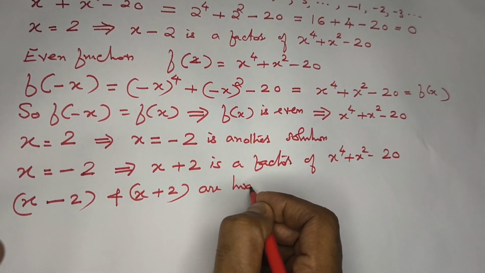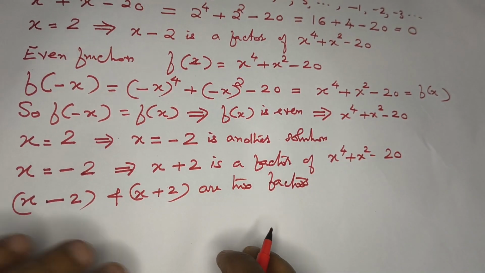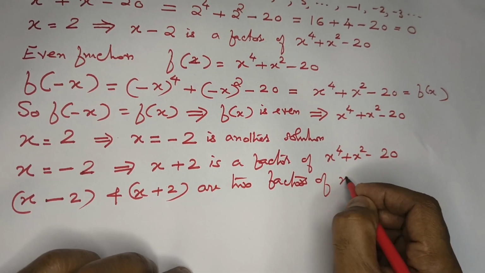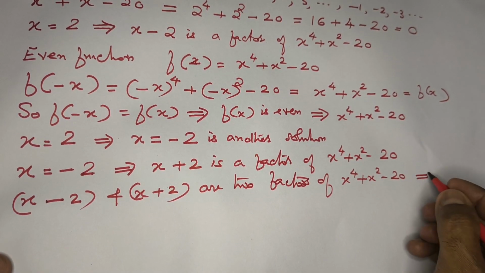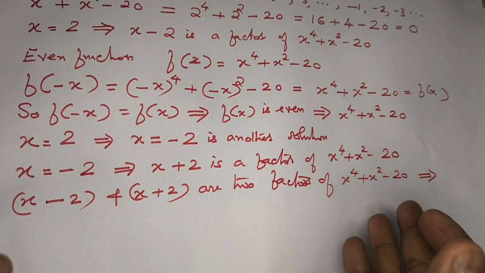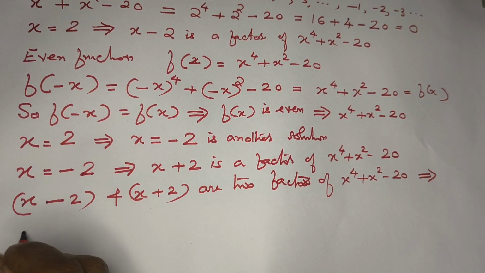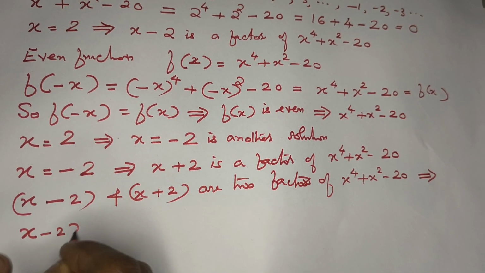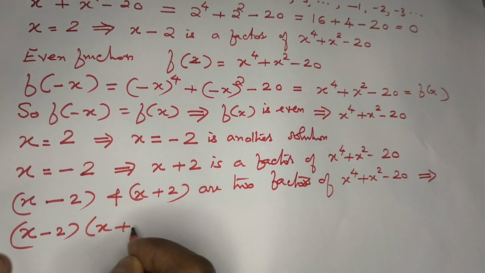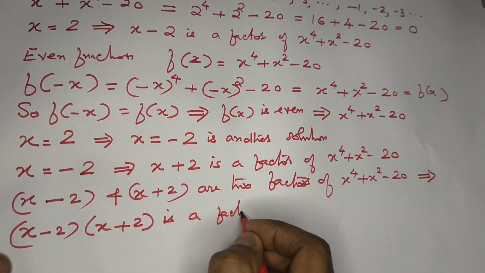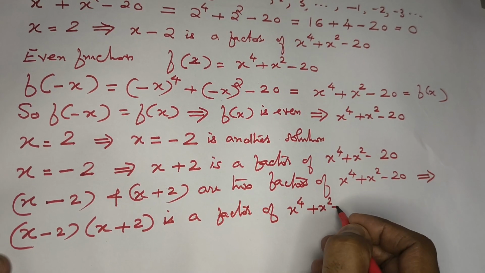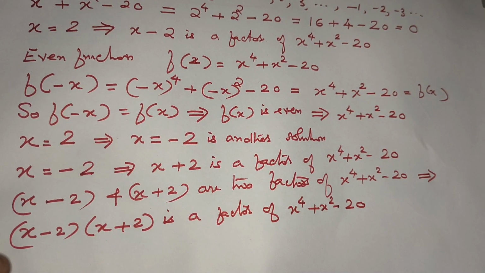That implies what? The product of these two will be a factor of that, which is x minus 2 into x plus 2 is a factor of x power 4 plus x square minus 20.